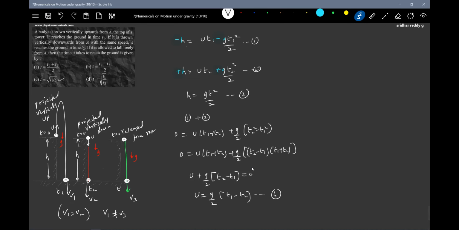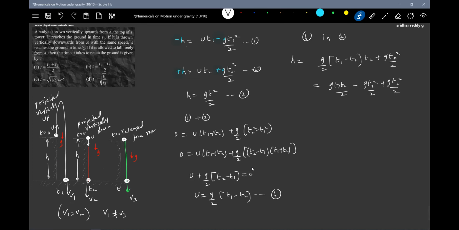Equation 4. This 4 I'll substitute in either 2 or 1. Put 4 in 2. h is equal to u, this will be g by 2 (t1 minus t2), okay, g(t1 minus t2) times t2, plus gt2² by 2. Okay, this will become g t1 t2 by 2, minus g t2² by 2.